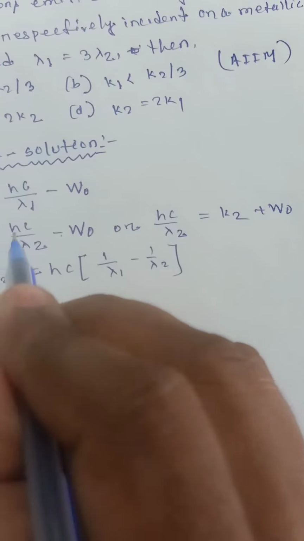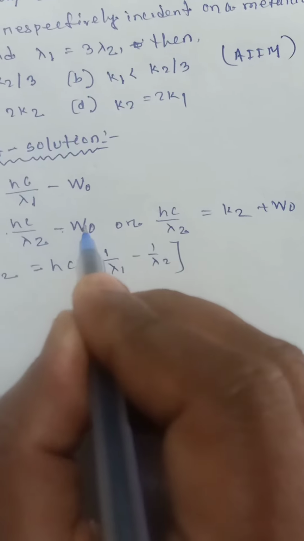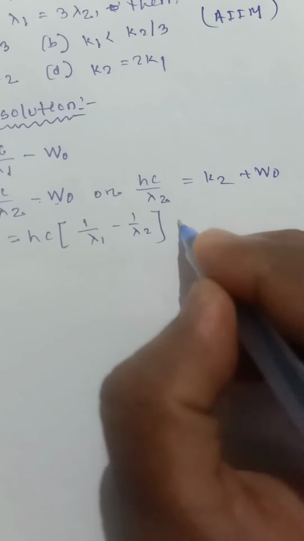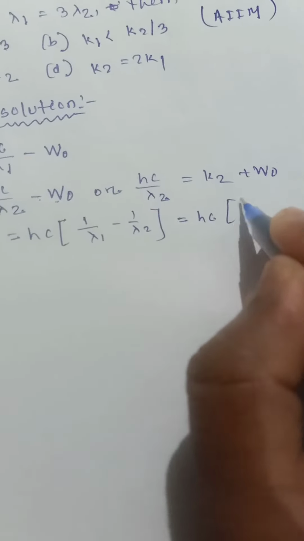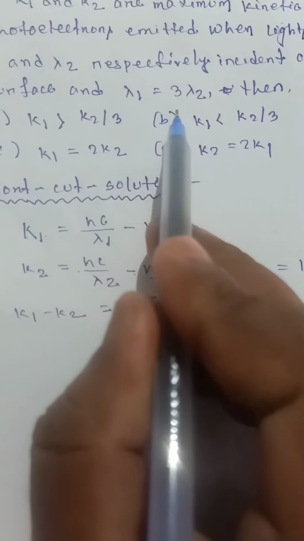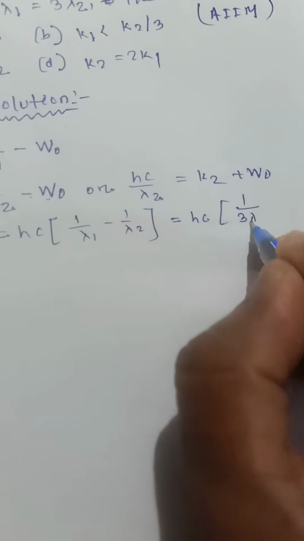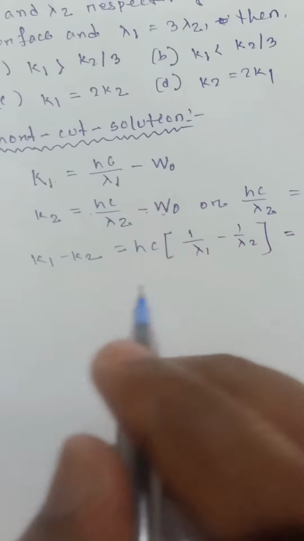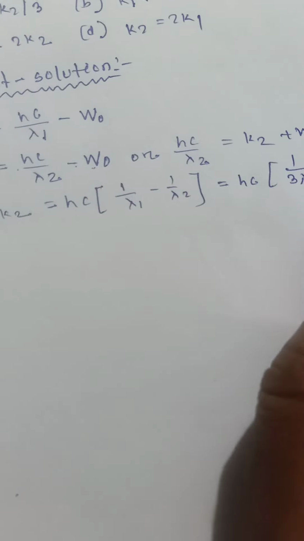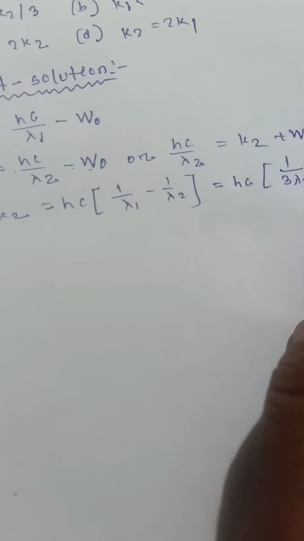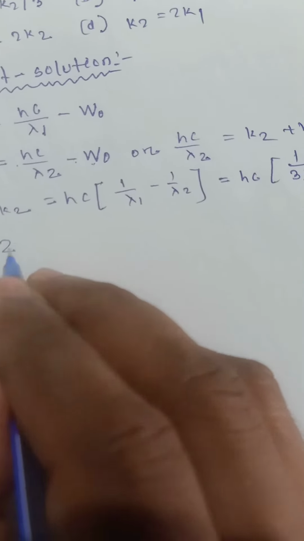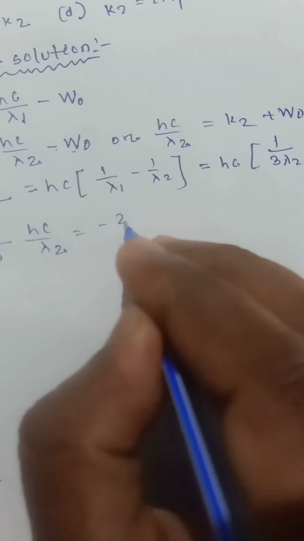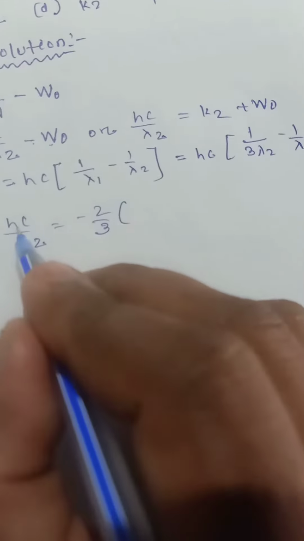With lambda 1 equal to 3 times lambda 2, taking the LCM gives 1 minus 3, that is minus 2 by 3 times hc by lambda 2.